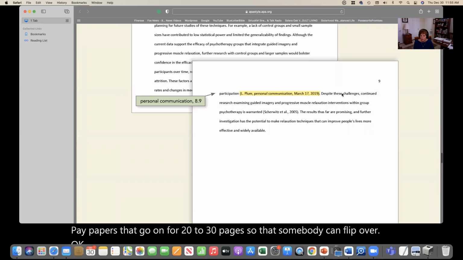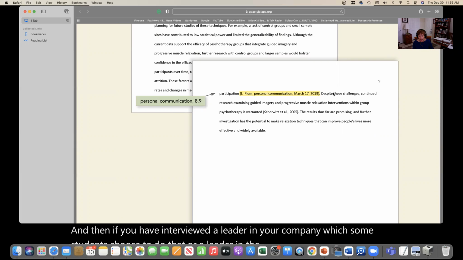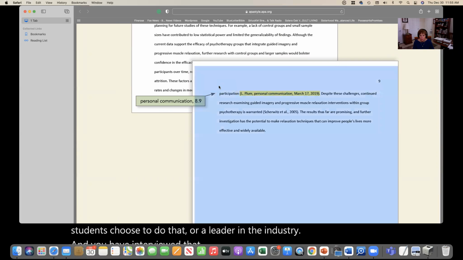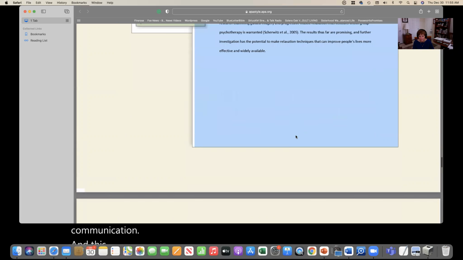Oh, and then if you have interviewed a leader in your company, which some students choose to do, or a leader in the industry, then you would cite it as a personal communication. And this is the way you would do that.